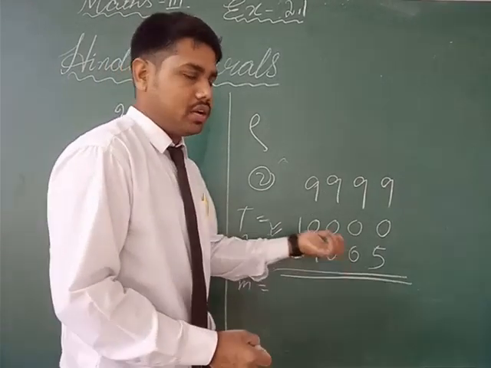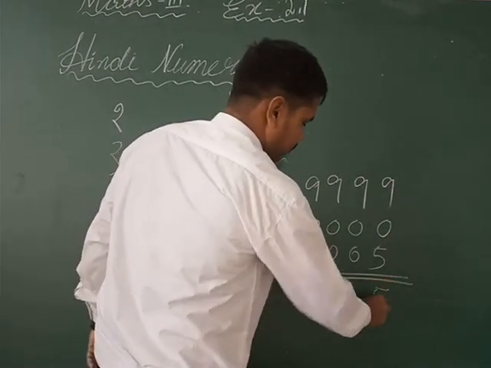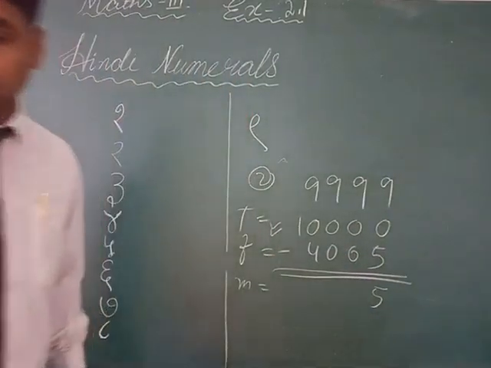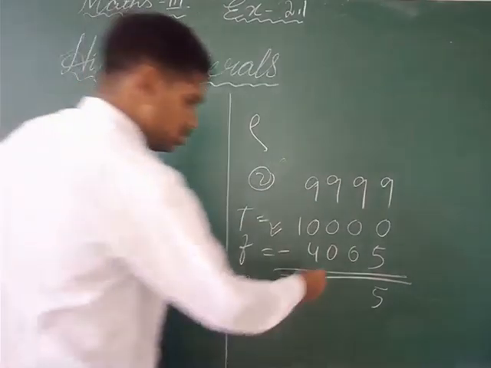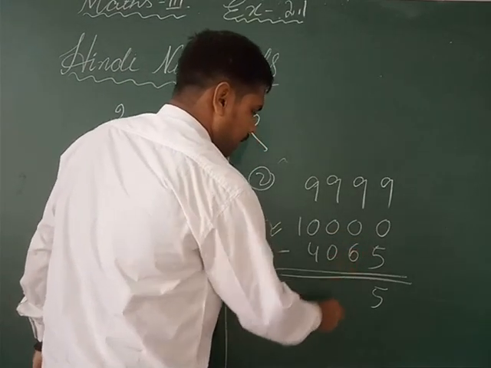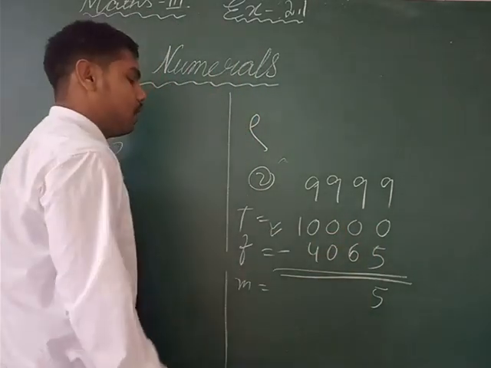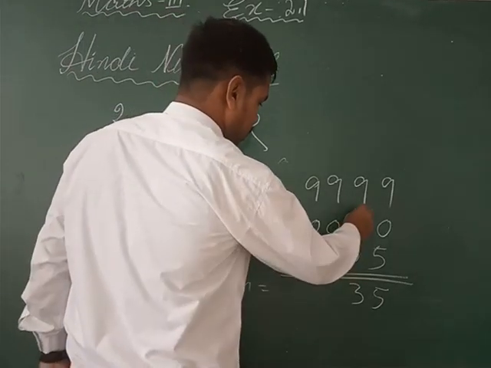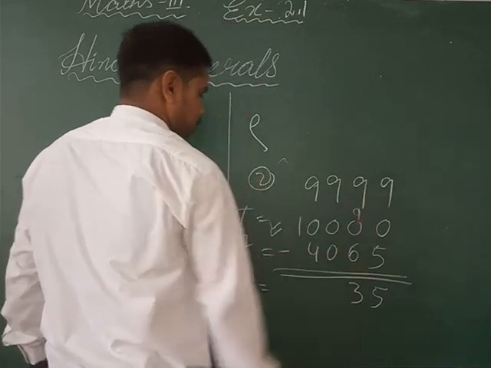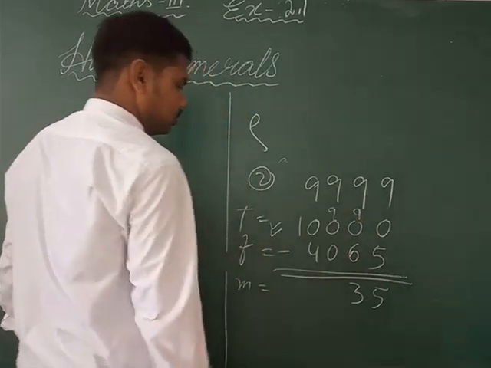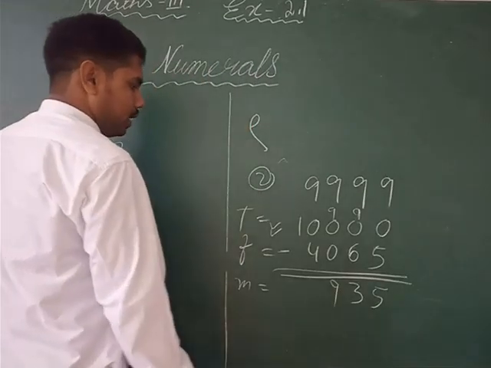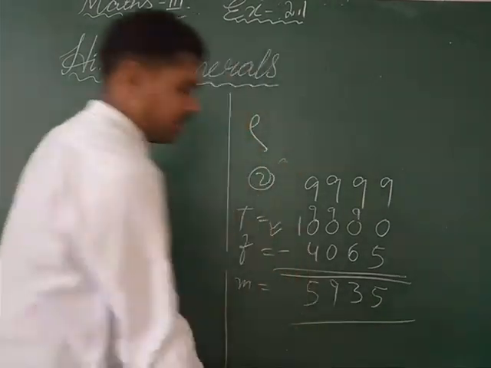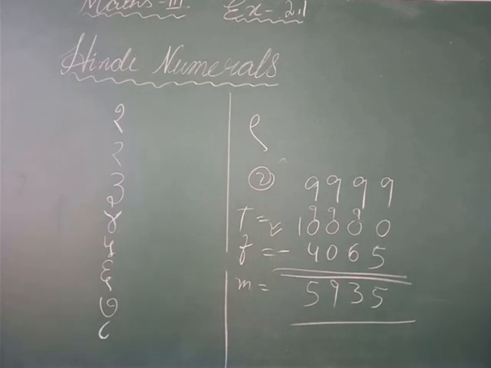So the number of males is equal to the total minus the females. Subtracting, we get 5935. This will be the total number of males in that village.